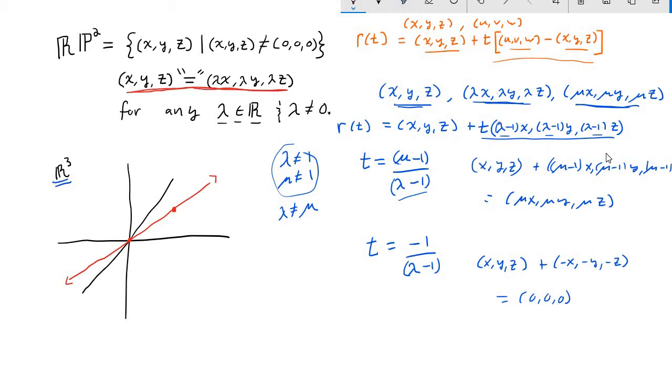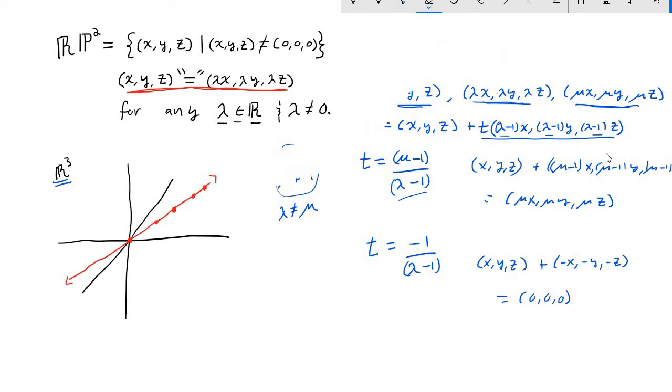If I can multiply any one point to get the coordinates of another by some non-zero number, then I'm going to pretend that all of these points along here represent the same point, except I'm tossing out the origin. So that means I can pick any one of these points along here in my RP2 to represent all the points on that line.